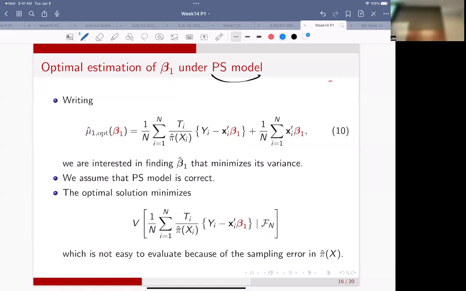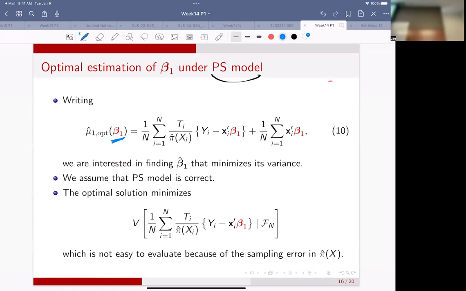So here's the problem. Now, this is the class of estimator, and I make it red color, on beta hat, beta 1. That means beta 1 is the parameter that I'm interested in estimating. For different choices of beta hat, no matter what, they will be unbiased, right?